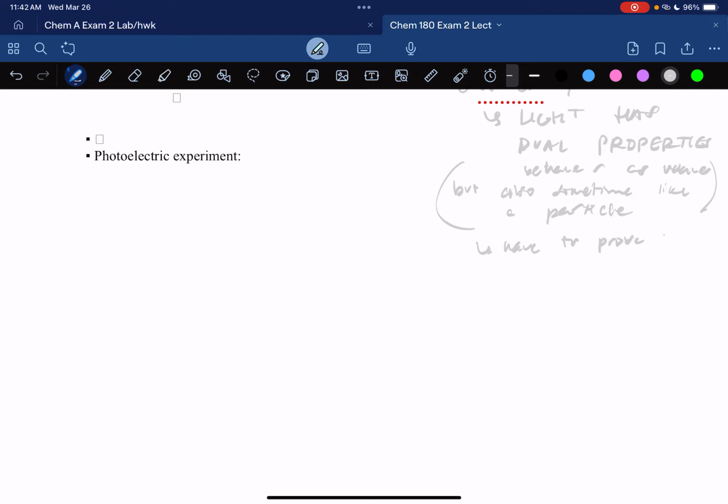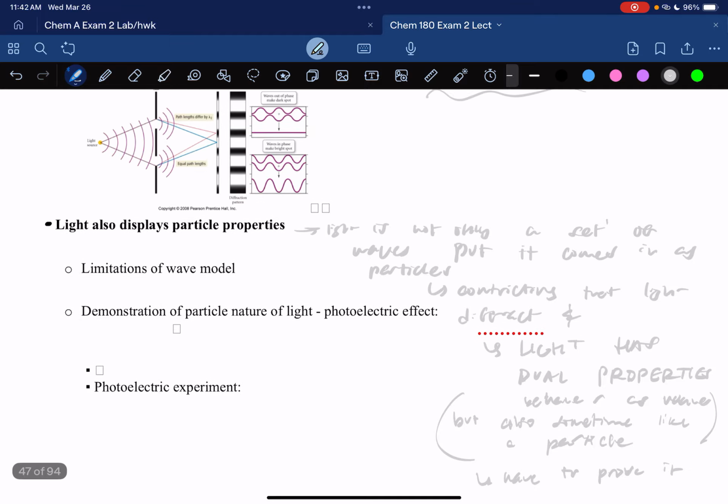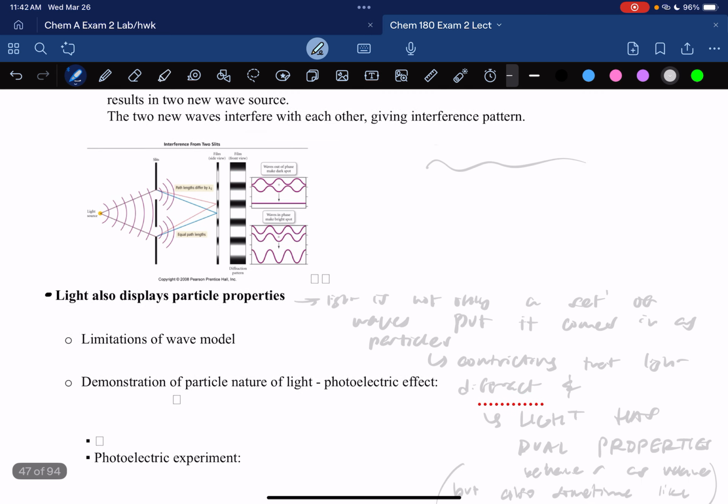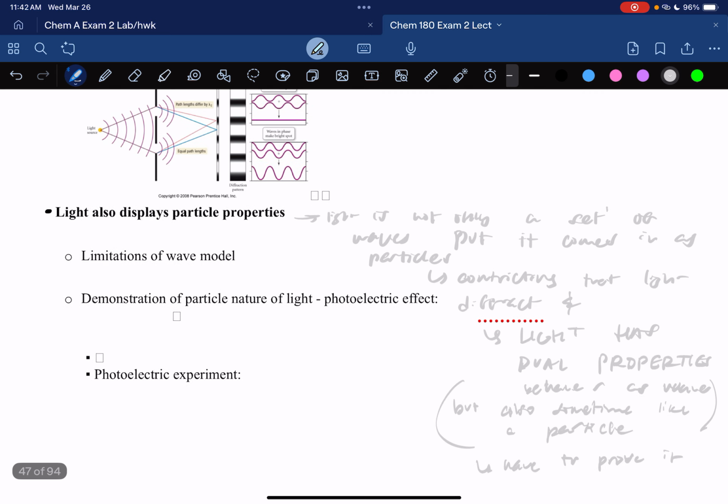So far, we've been talking about light as a set of waves. Now we talk about light as displaying particle properties. So that's what we call the limitation of the wave model. Certain things you could describe using the wave nature, and using wave properties you could explain certain experiments.